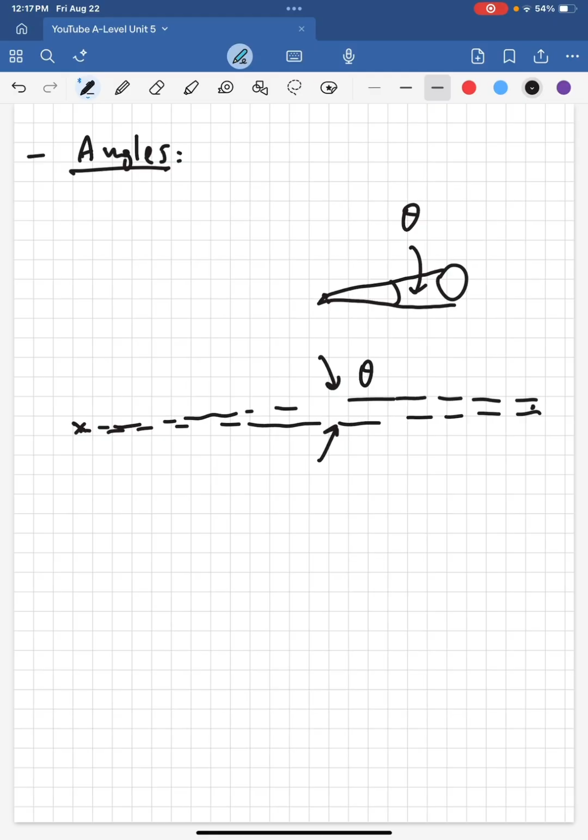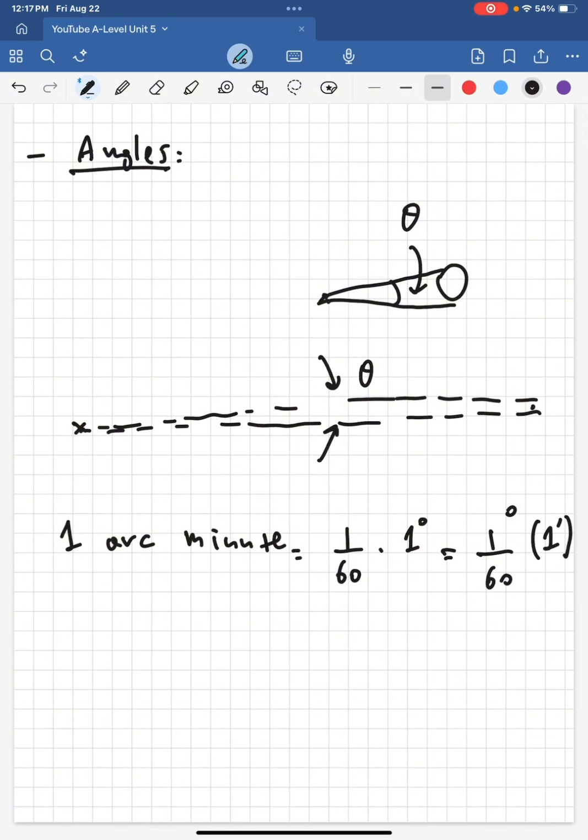So we use the arcminute. One arcminute is defined as 1/60th of 1 degree. It's also denoted as 1 and then the script there, which is like the minute.